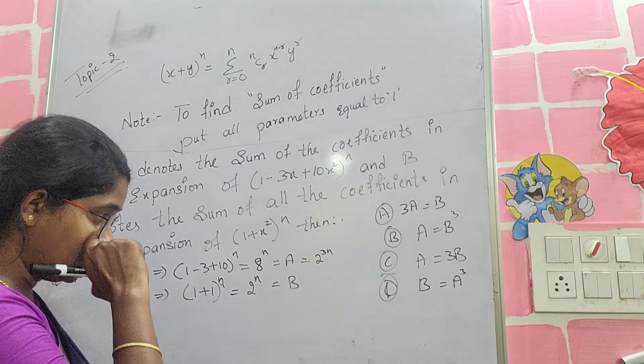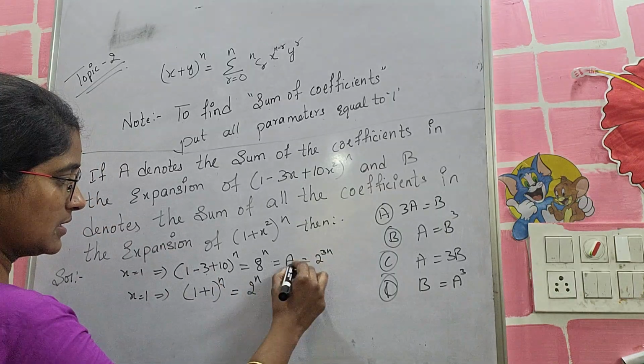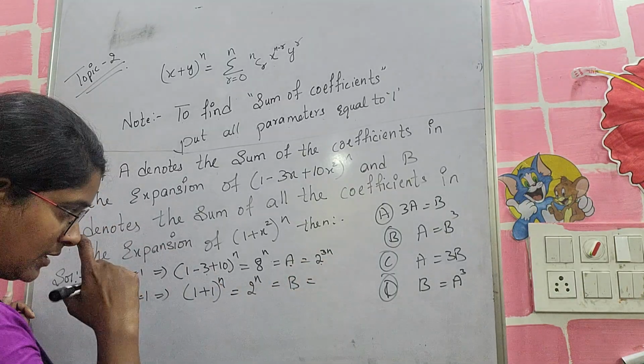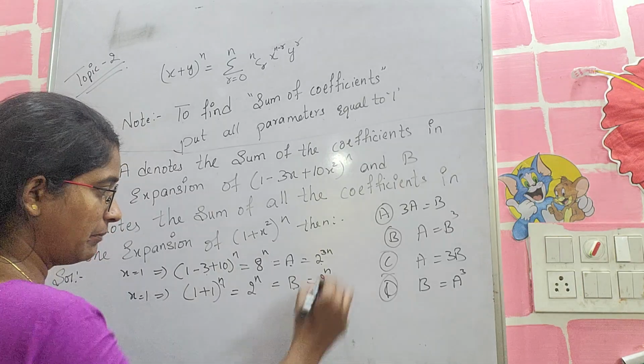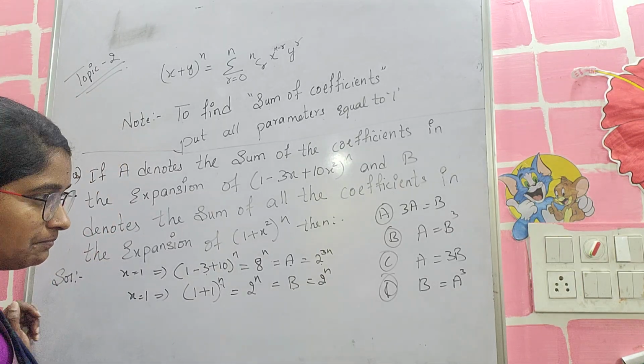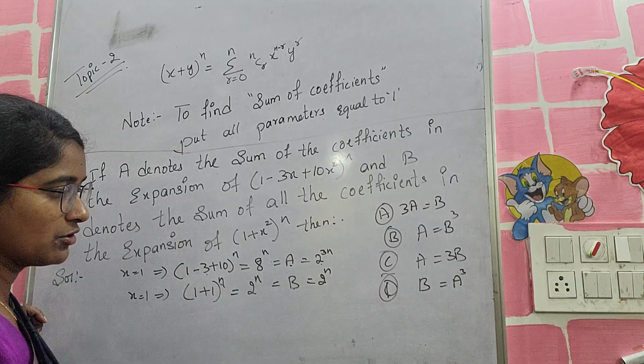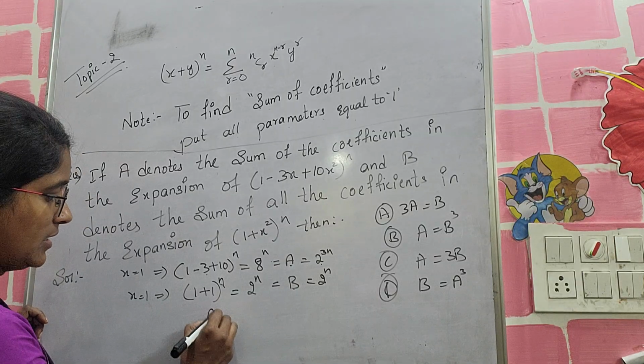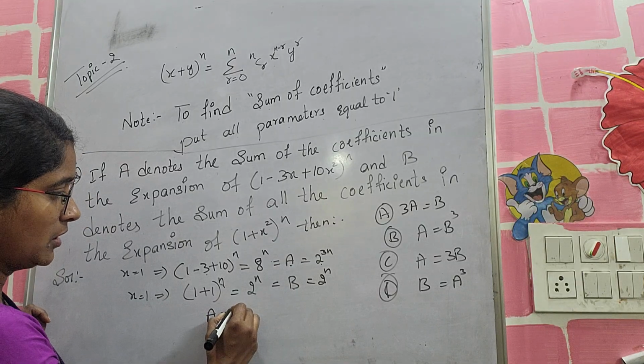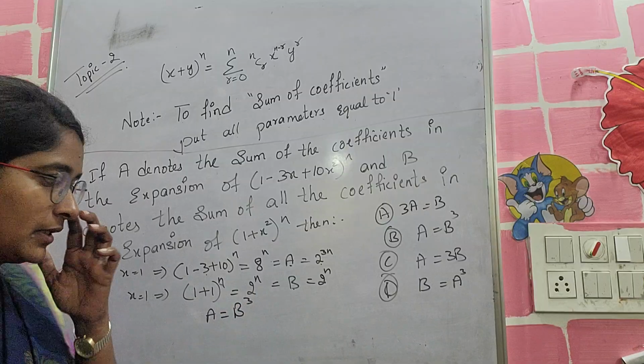So a is this and b is this. b is 2 power of n. If I compare it, what am I going to get here? a is equal to b cube, right?